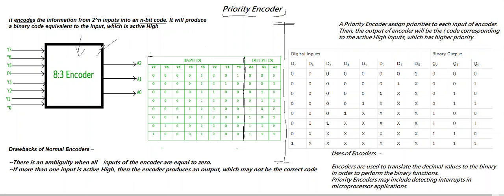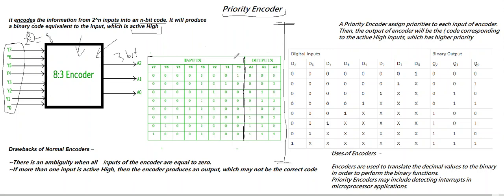For example, here we have an octal to binary encoder where I have 8 lines of input, which is 2 to the power 3 equal to 8, and we are encoding these 8 lines of information into a 3-bit code, which is this 3. So that is my normal binary encoder. It will produce the binary code equivalent to the input which is active high.